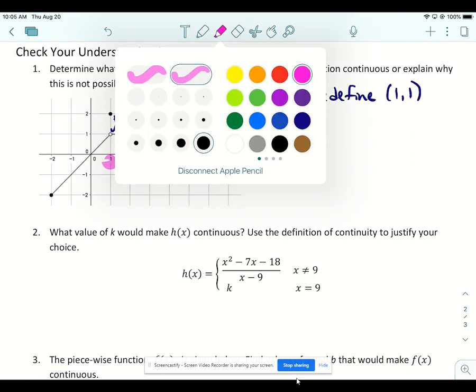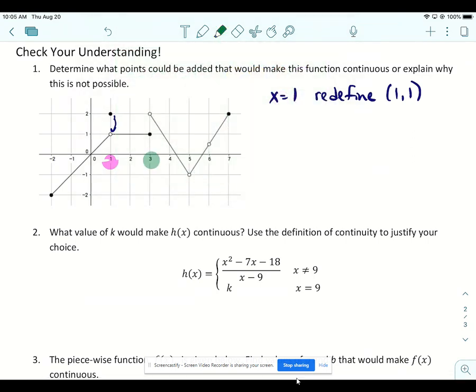Okay. Our next point of discontinuity is when x is 3. Now this type of discontinuity, the limit doesn't exist, because the limit as x approaches 3 from the left is going to be 1, and the limit as x approaches 3 from the right is going to be 2.